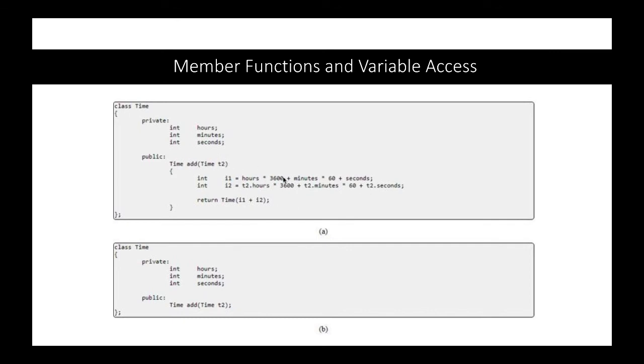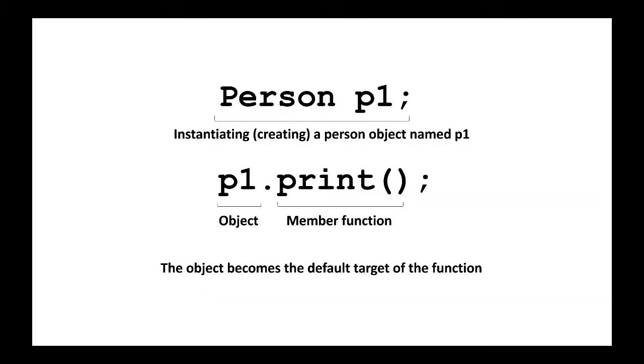How does it know who the hours belong to? The answer to that question is that it's implied. It's implicit. Let's move back over here. When we call a function that belongs to a class and it's tied to an object, this object becomes its implicit parameter, its implicit argument.